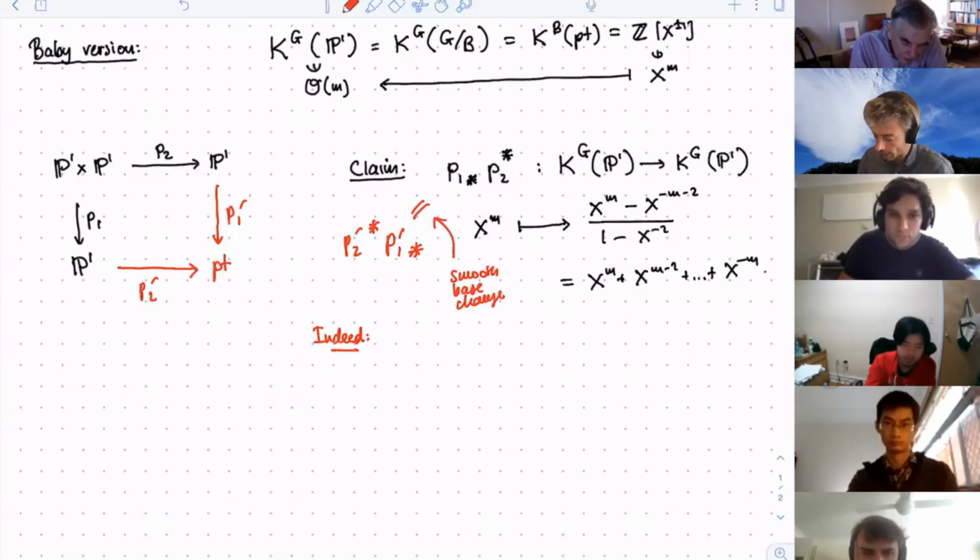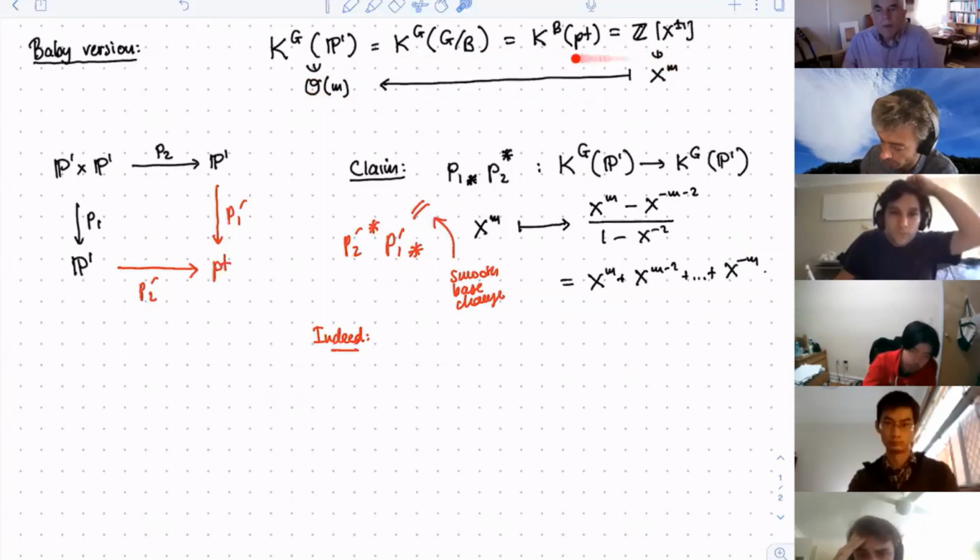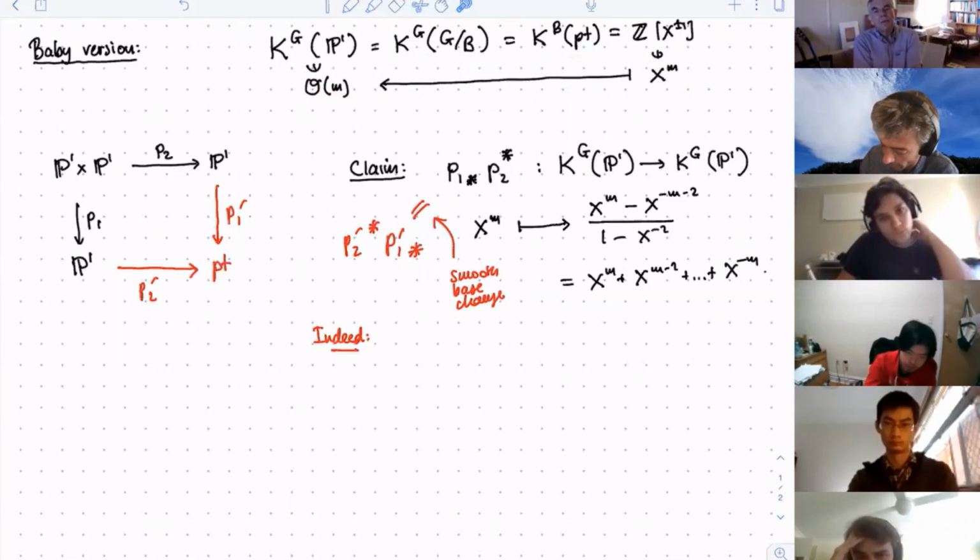And now another way of phrasing this isomorphism up here is it's just pullback. And so when I push forward here, I get Weil's character formula. And then when I pull back, nothing happens.